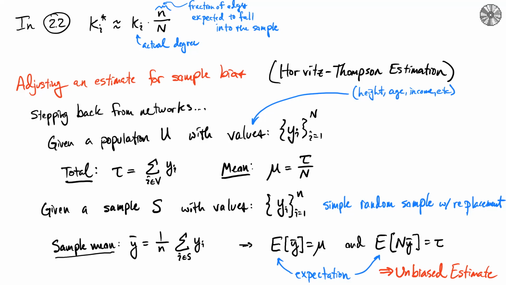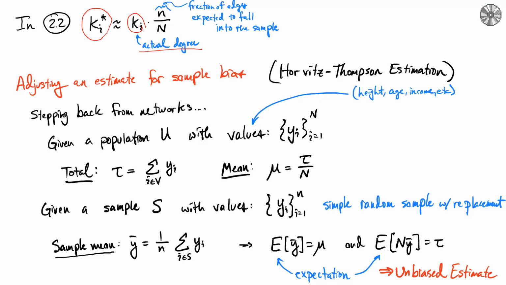Then we can update this by saying, okay, if we're going to use this induced subgraph method, then this K star, what we get in the induced subgraph, is essentially going to be the actual degree multiplied by some fraction, and this fraction represents the fraction of edges that are expected to fall in the sample.